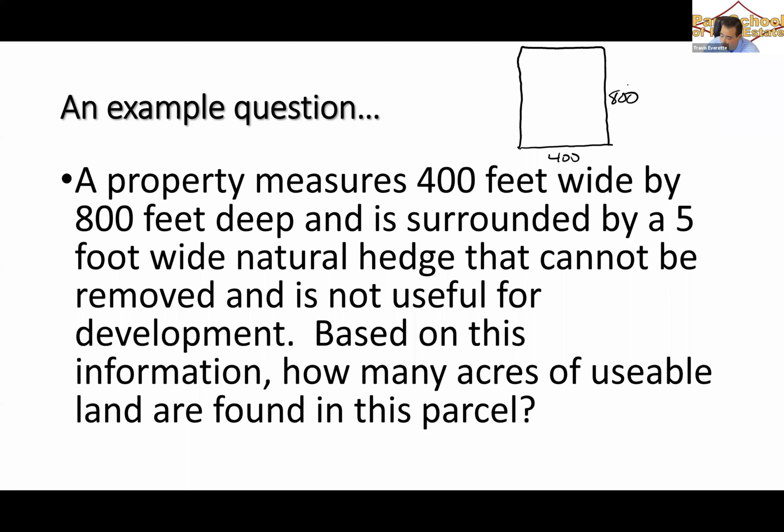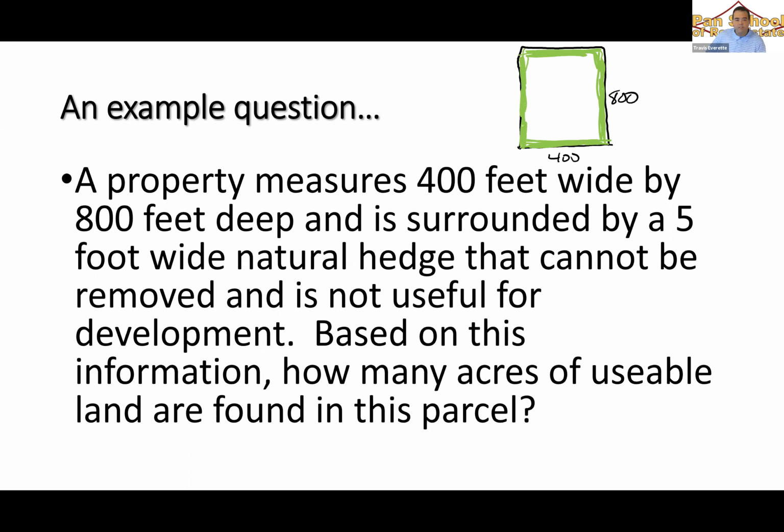It says it is surrounded by this natural hedge that is 5 feet wide. So we've got something that looks like this, all the way around. And it says this natural hedge is not useful for development.